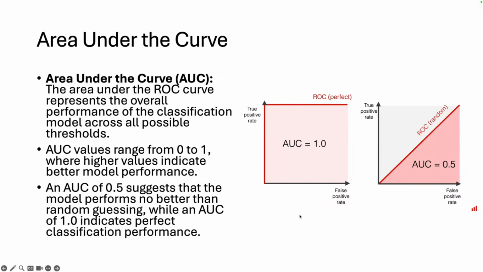Values closer to 1 indicate that the model is performing better, and values closer to 0.5 suggest that the model performs no better than random guessing. So this is a metric that you want to maximize as opposed to minimize.